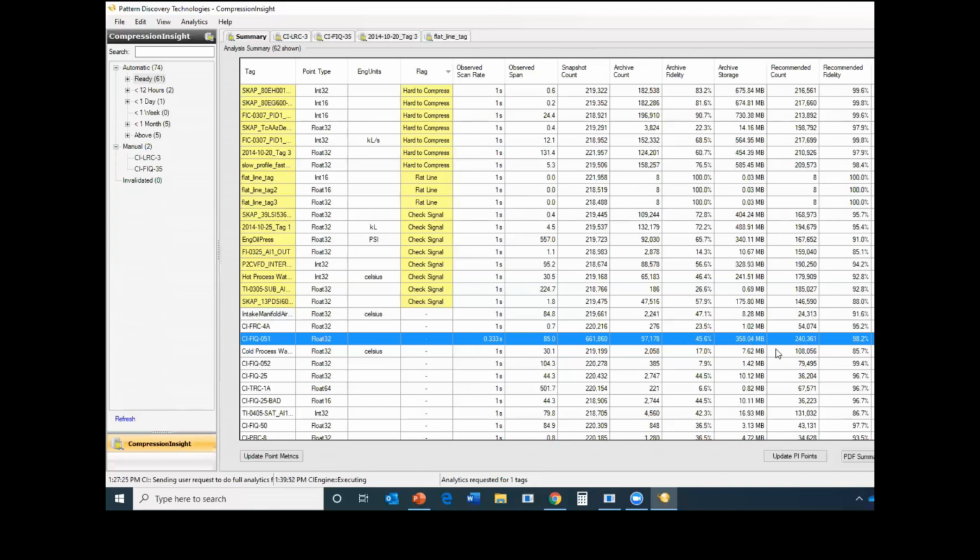Here's a contrast. If you guys will recall from the first video, I was telling you stories where we were pulling 1 month of data, not 1 year, 1 month of data, and it was half a gig, 500 megabytes. So you think about that: here's one where you're getting an observed scan rate of basically a third of a second, but by proper tuning, it's more like 358 meg a year versus half a gig a month, right?